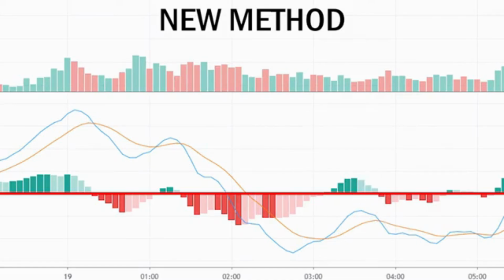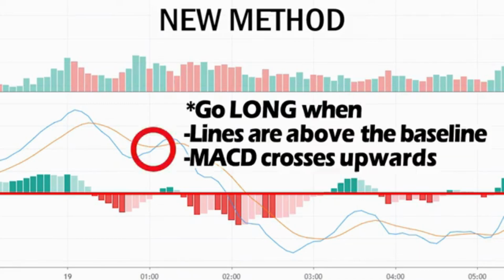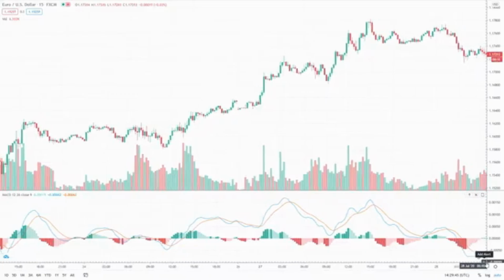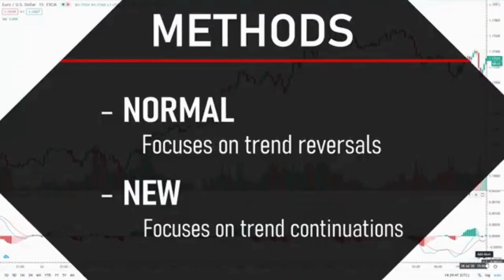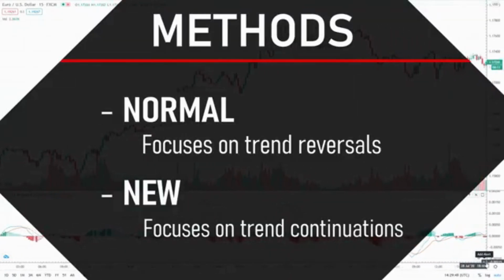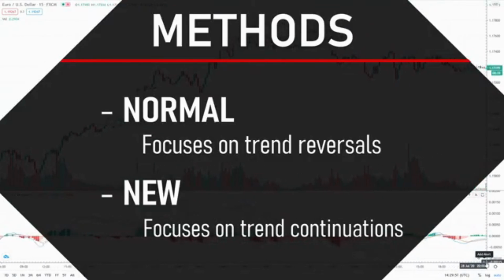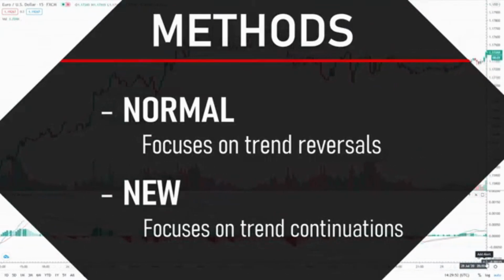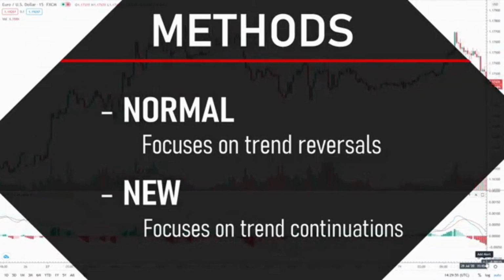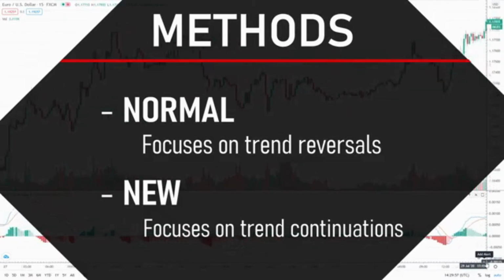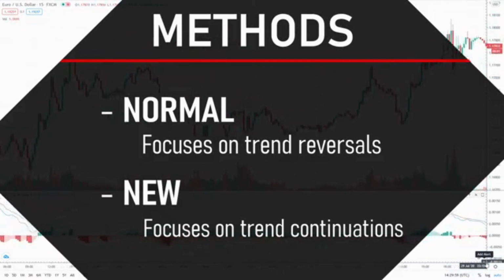It's the same with the long position. When the lines are above the baseline and it crosses upwards again while still being above the baseline, you take a long position. The normal method focuses on spotting reversals, as the lines are below the baseline when you go long. However, the new method focuses on trend continuations, as you enter a long position when the lines are already above the baseline.